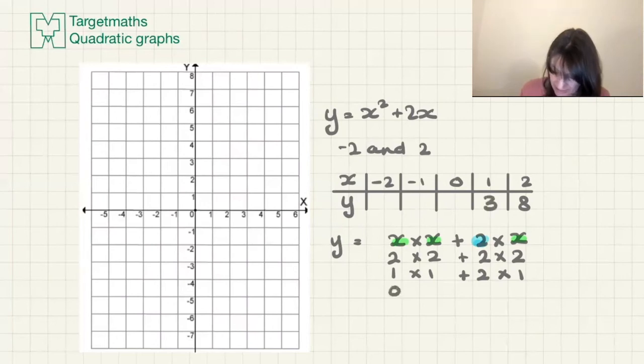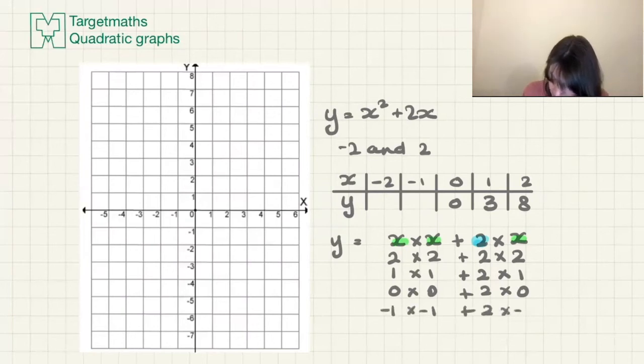Now I'm going to stick my 0 in. Plus 2, sorry, I put a 1 there, times 0. 0 times 0 is 0, plus 2 times 0 is 0. That is going to give me a 0 there. Okay, we've got minus 1 times minus 1, plus 2 times minus 1. Now I've got a lot of negatives in there. So once again, taking my time so I don't mess up. I'm actually going to do this so I can see it.